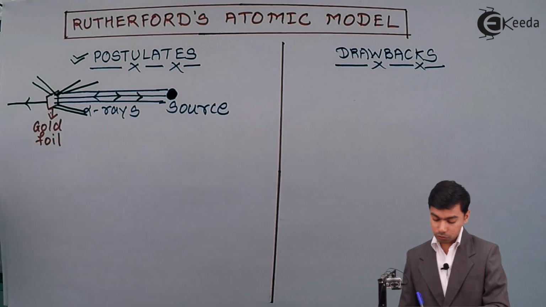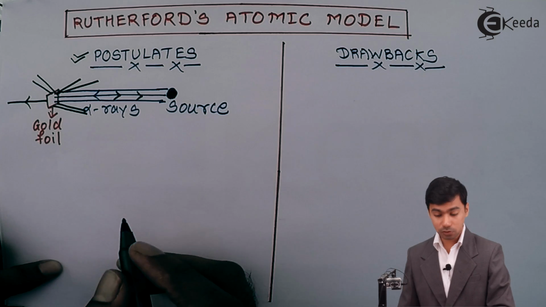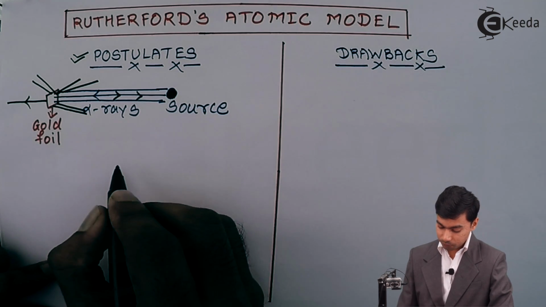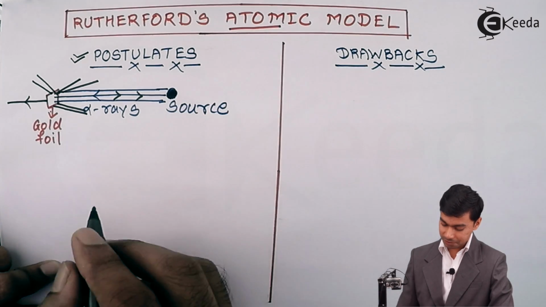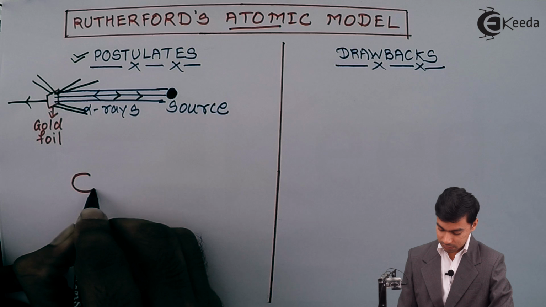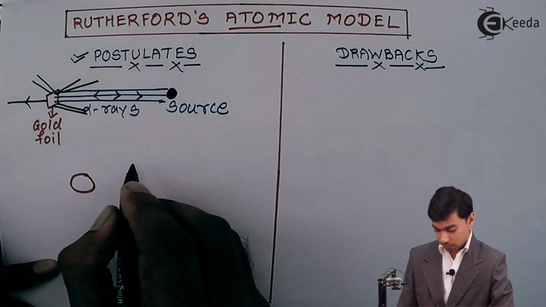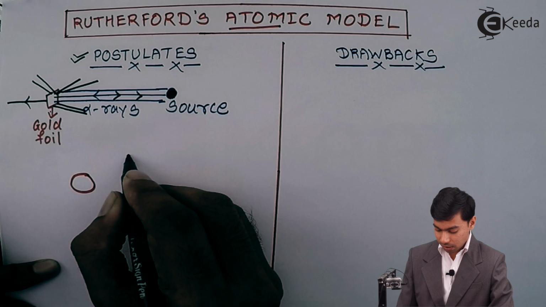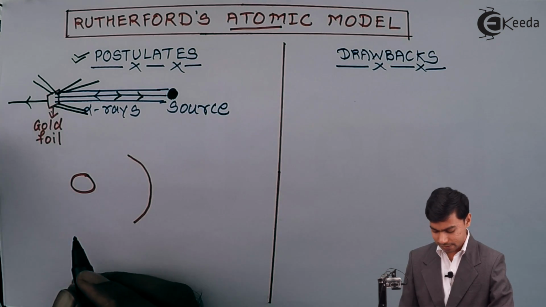Why? According to that, Rutherford made some assumptions that are called postulates. So what was that? He said that the atom is divided into two parts. The first one is the central part and the second one is the part which is around the central one.